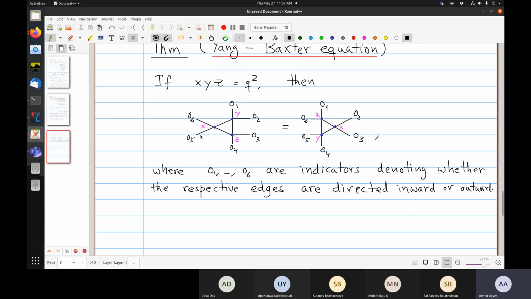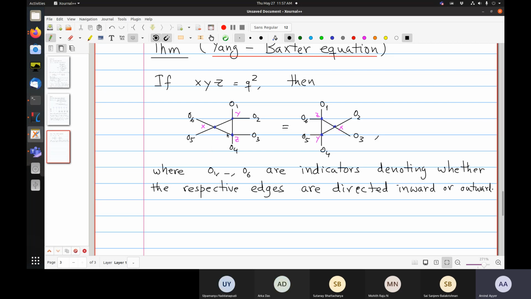So let us fix some arrows for these 6 edges, and we fix the same arrows on the right hand side as well. Then you notice there are 3 internal edges on both sides.